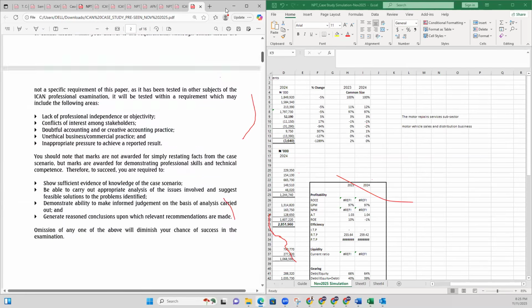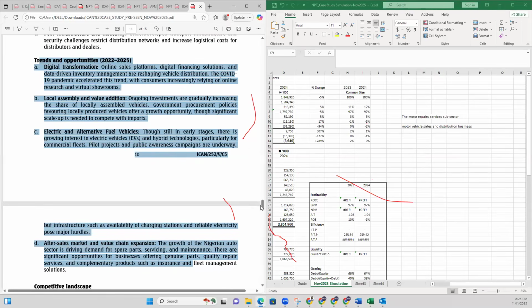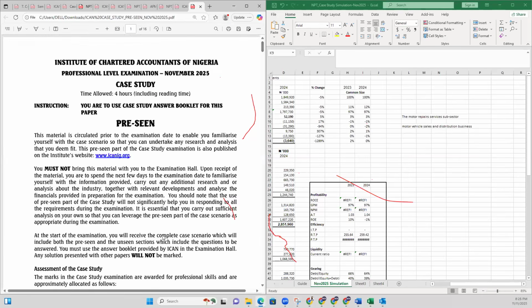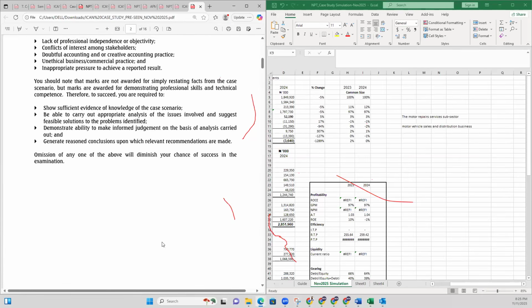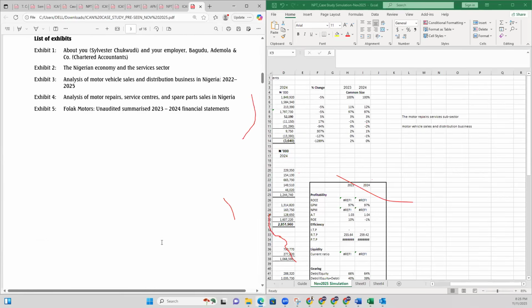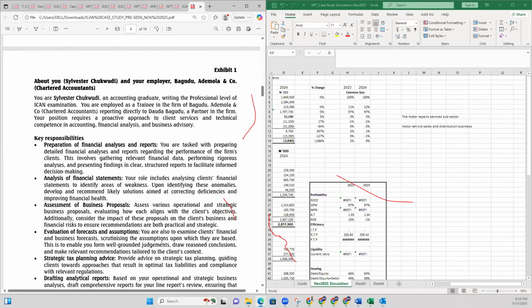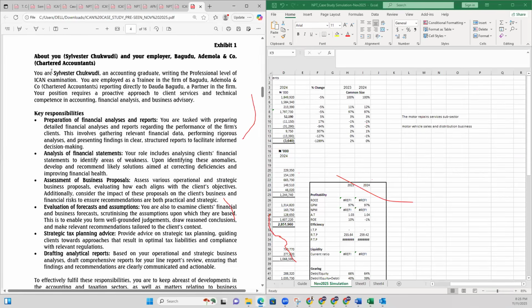the company we are seeing here, that you are Sylvester and you are an accounting graduate at the professional level, and you work as a trainee in Bagudu Ademola and Co. Chartered Accountant, right?